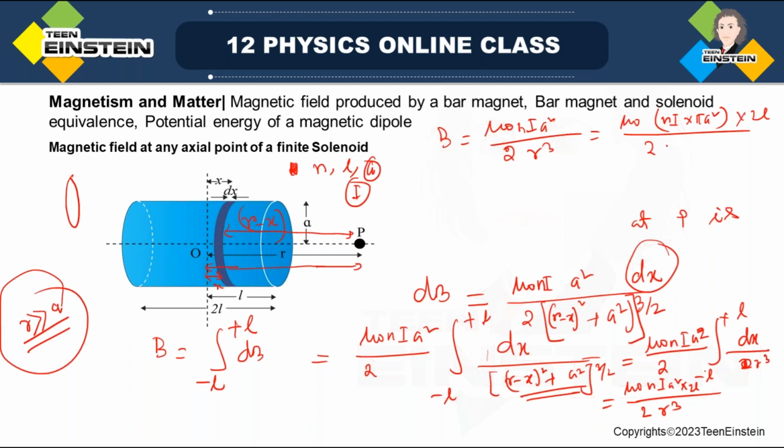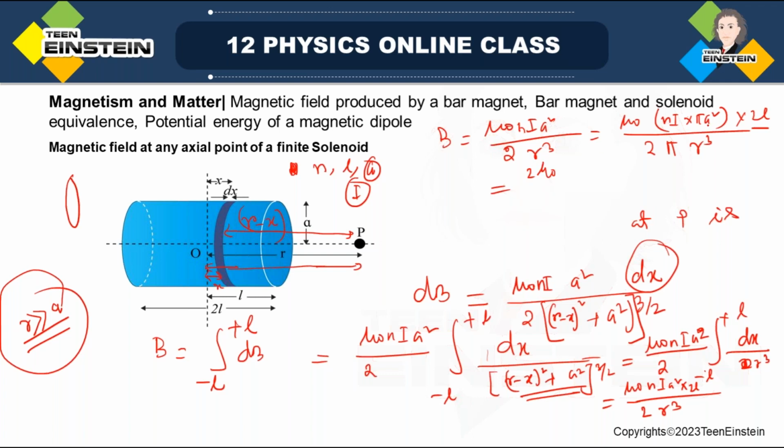There will be, say, 2 pi r cube. So this will be, 2 I can cancel also, 2 mu 0.